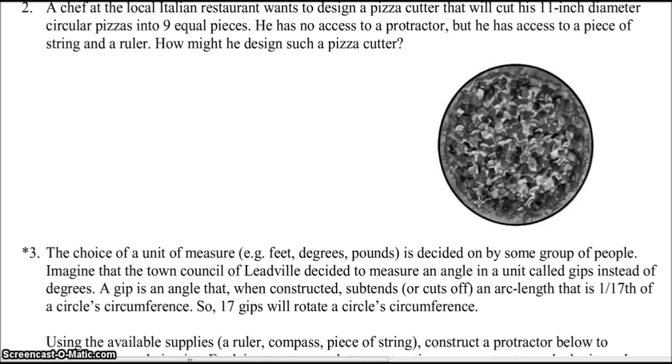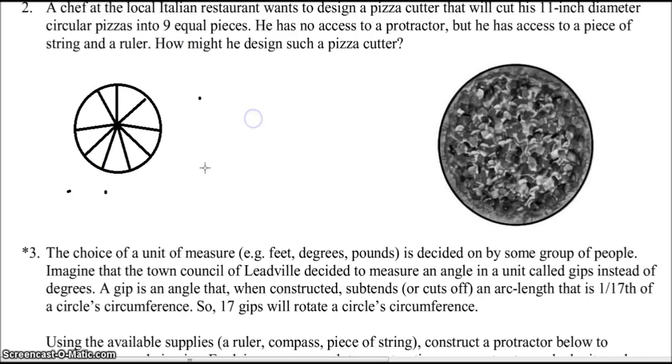He must have some sort of cutter that he plops down on top of the pizza that cuts all the pieces at once. So essentially he wants to make a metal apparatus like this one where the pieces are equal, unlike this one where the pieces would be non-equal.